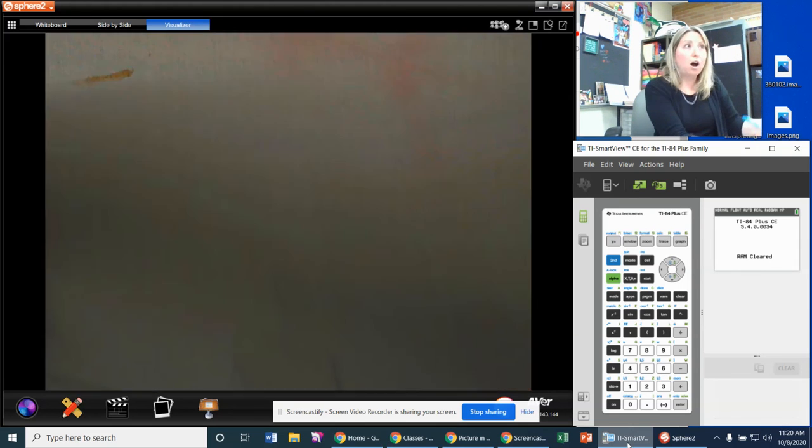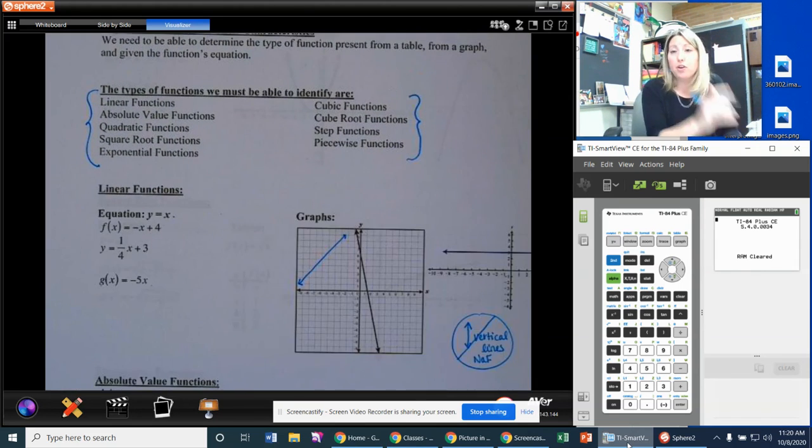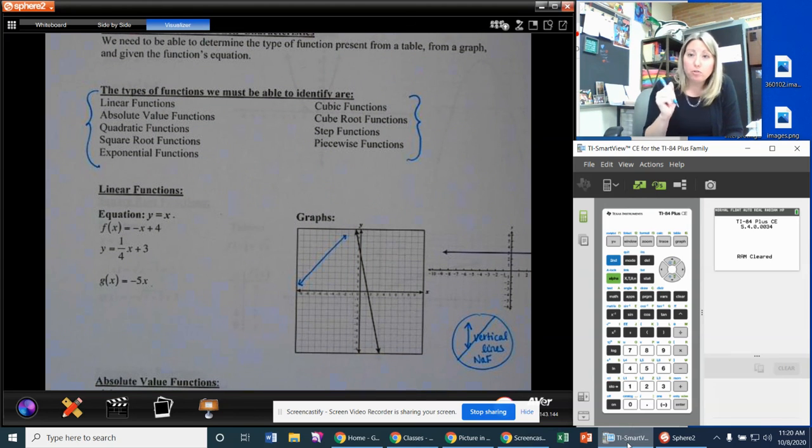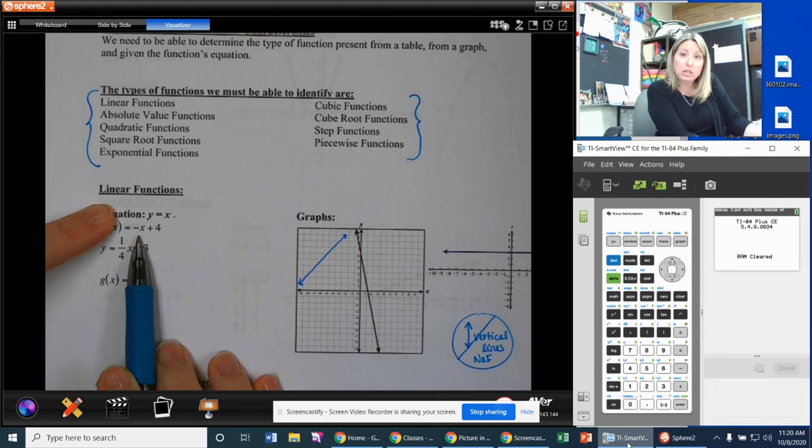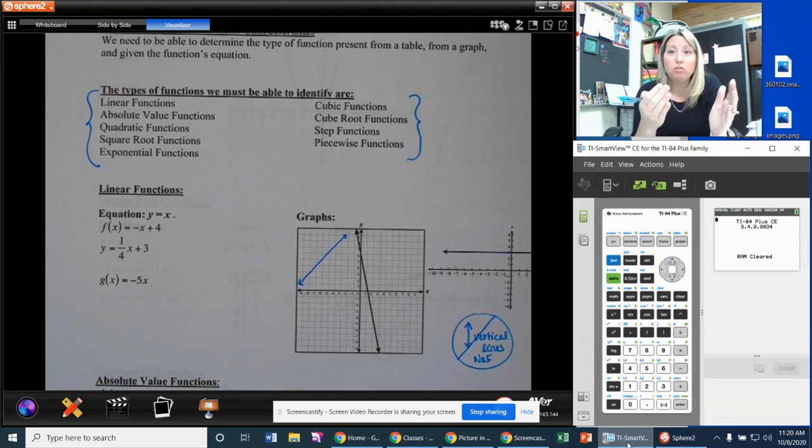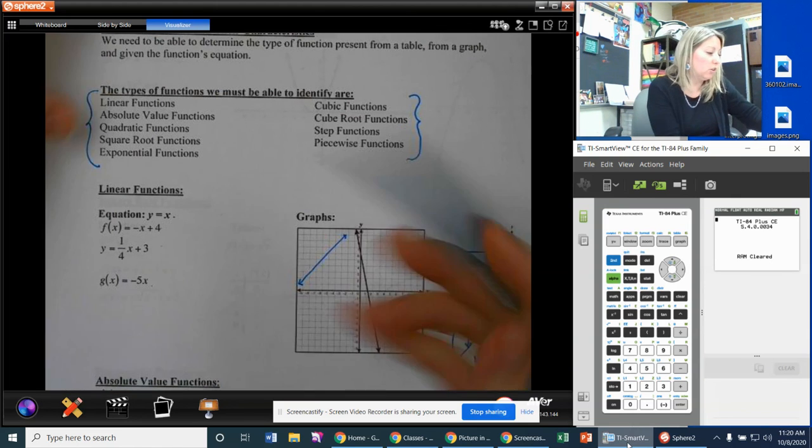There's some descriptions of the graph, and then name which function they go with. And then there's some equations like these that are listed. Look at the equations and match them with the type of function they go to. Go back and look at each of these.